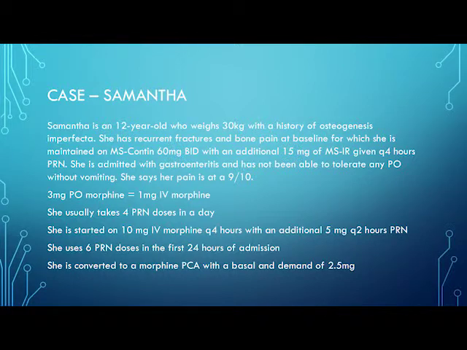So in this example, she has been throwing up, and might have some additional rib fractures to her baseline pain. So she's actually been using a fair amount of her PRN doses, got 6 in the last day, and at this point, people are saying this is ridiculous. Noam, can you start her on a PCA?